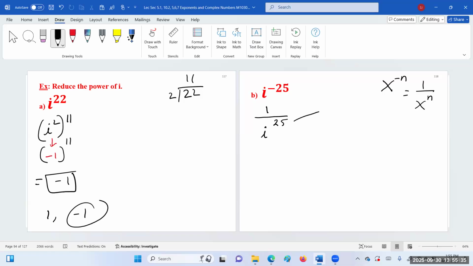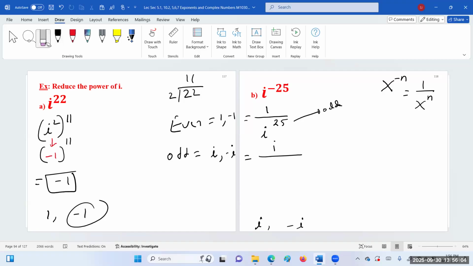So since 25 is odd, what would be the two choices for our answer? For odd, it's either i or -i. If you have even, it's 1 or -1. If it's odd, it's definitely either i or -i. Let's see. So we are going to split that. I don't know yet, so let's do it.